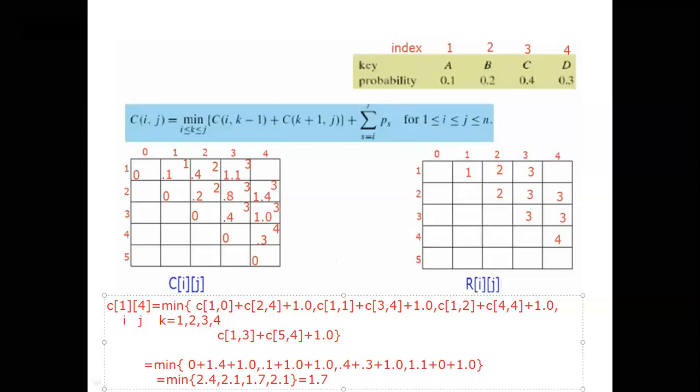Due to which value did we get 1.7? It is the third value, because this is the third one only that gave this result. That's my third one, so we should update it here as 1.7. I hope it's clear.